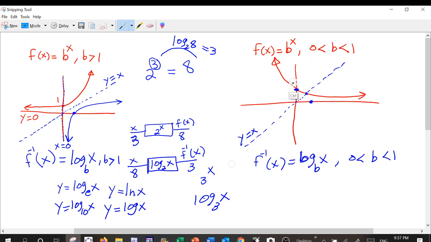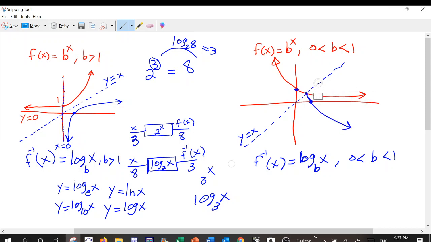So this little part here, see that little part? That's the little part right there. So that little part has an inverse that has a reflection that is right here, right? And this part that is going to infinity this way is going to go to negative infinity this way.